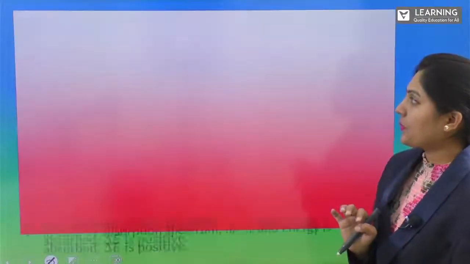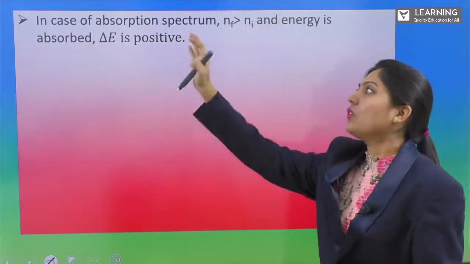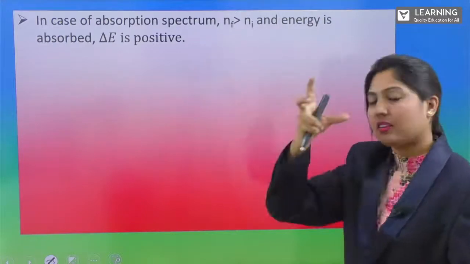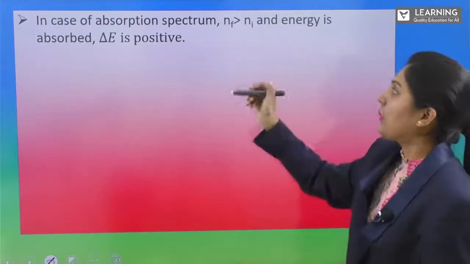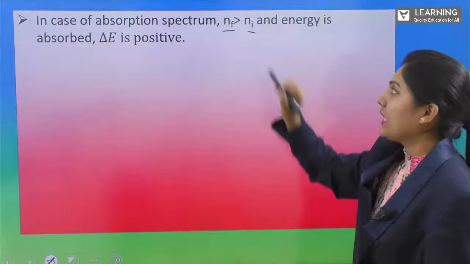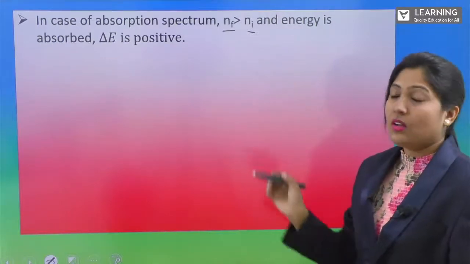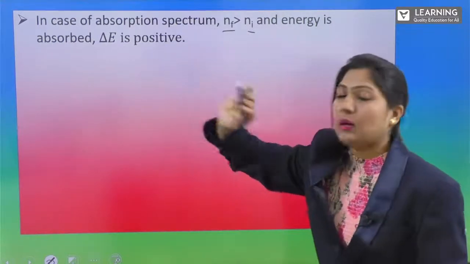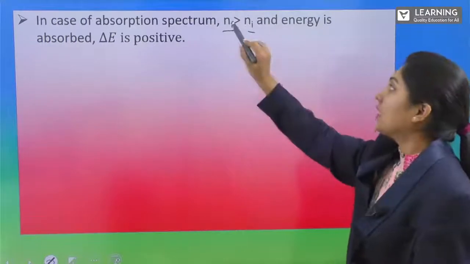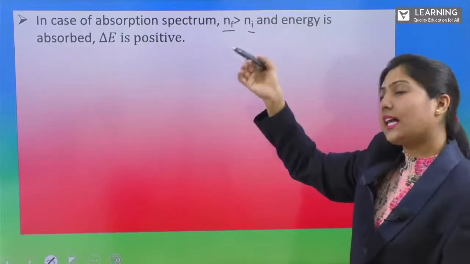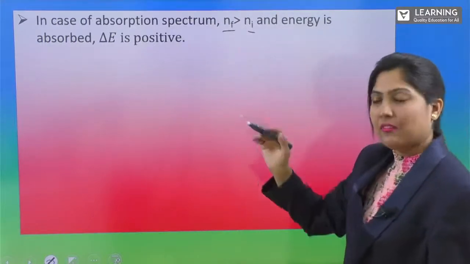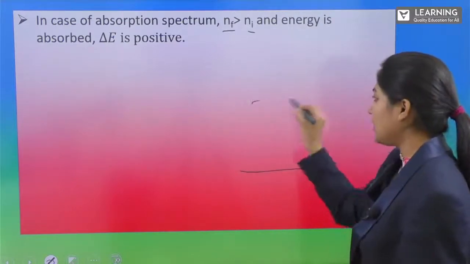students? Yes. In case of absorption spectrum, when the electron absorbs energy, what happens with NF and NI? That means when you have to get the absorption spectra, then NF should be greater than NI. NF is the state where the electron is moving.